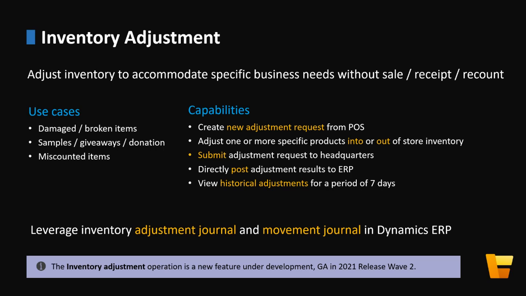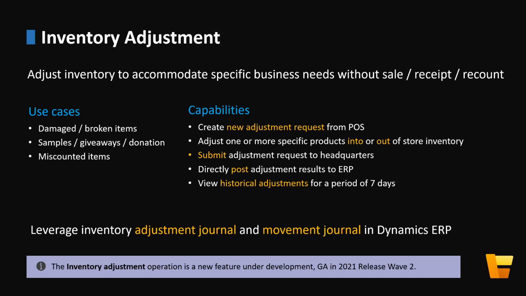Now, next, inventory adjustment is the business process to adjust the inventory into or out of the store warehouse. In other words, to increase and decrease inventory quantities to accommodate a specific business need without having to do a sale, receipt, or physical recount. There are some typical use cases of this business process in the real world.